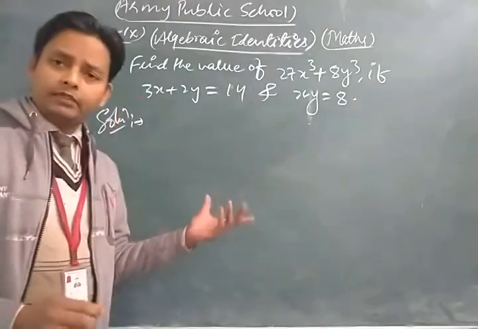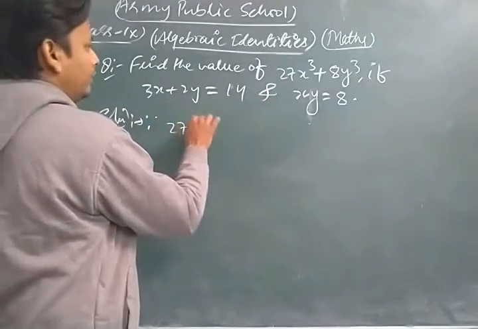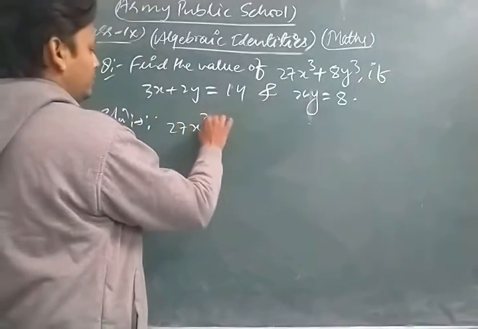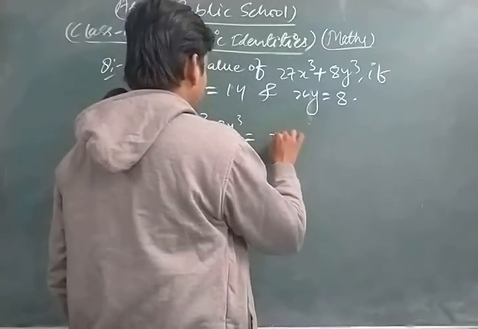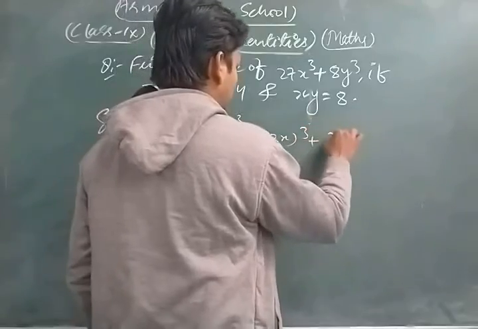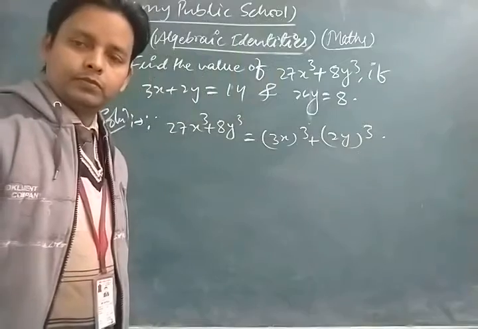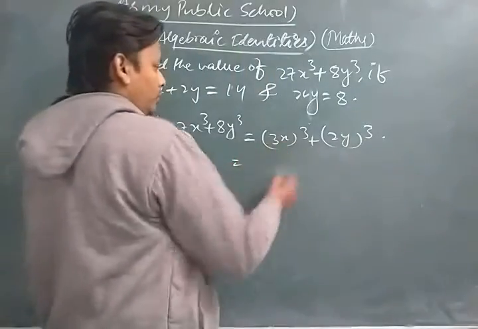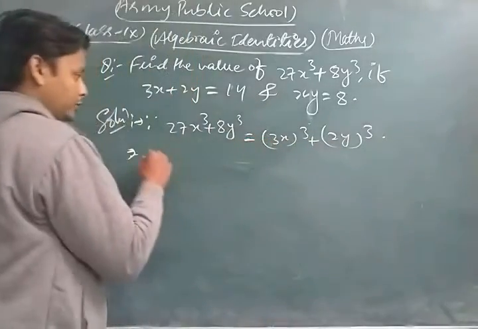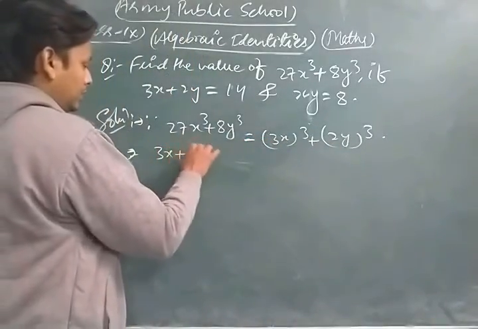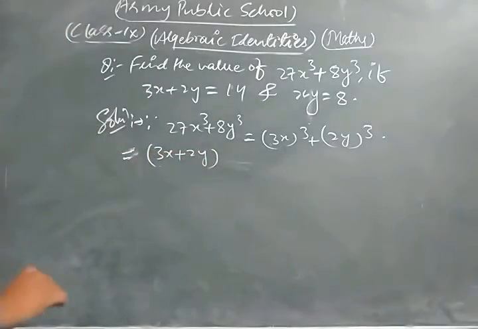Look, we have the values given and we find the value of that expression. Since we have 27x cube plus 8y cube, we can write it as 3x whole cube plus 2y whole cube. Now we express it based on the identity a cube plus b cube.